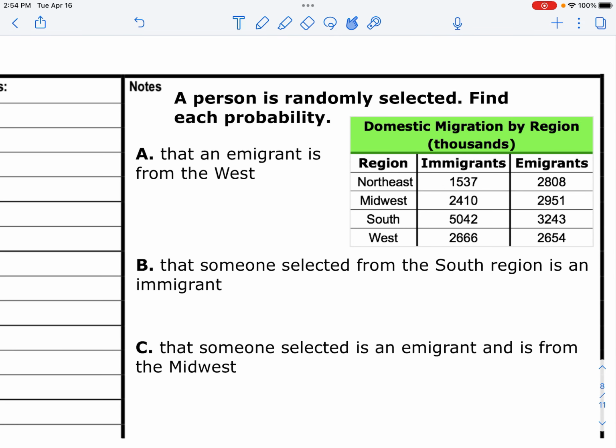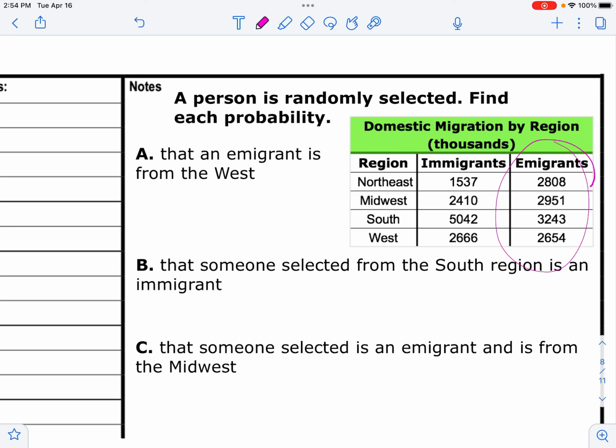Okay. Find the probability of each situation. That an immigrant, okay, is from the West. So in this case, you want to look at just the immigrant column, because they're saying, hey, we're telling you that these are this column, okay? And they're from the West.